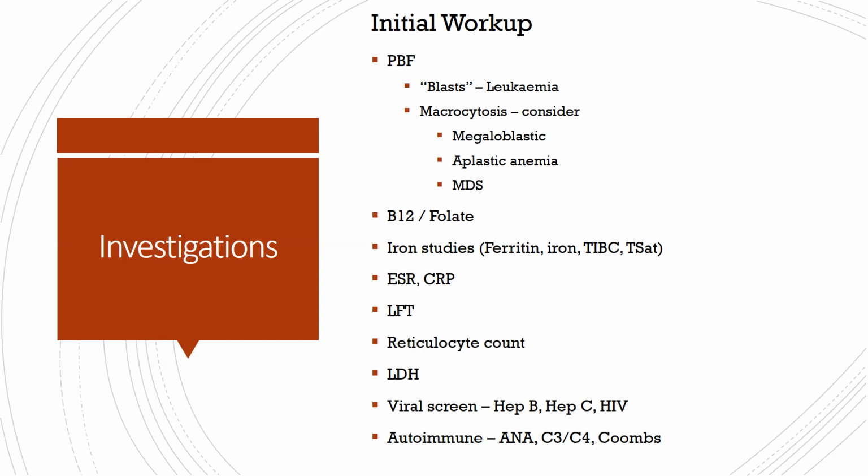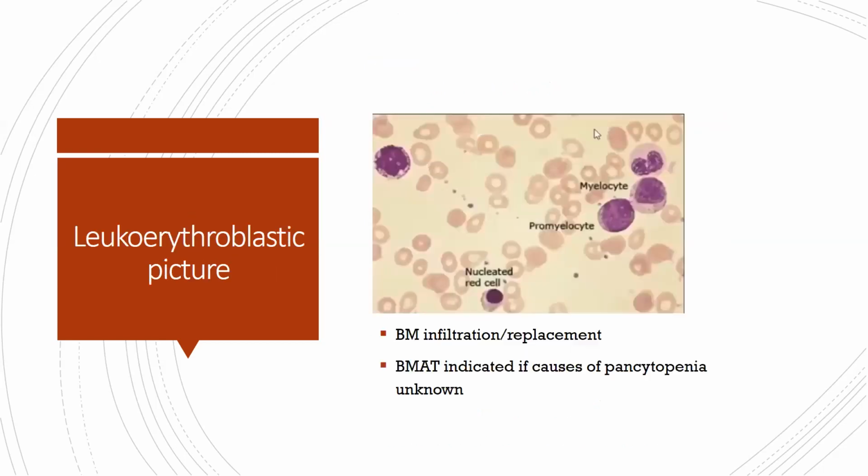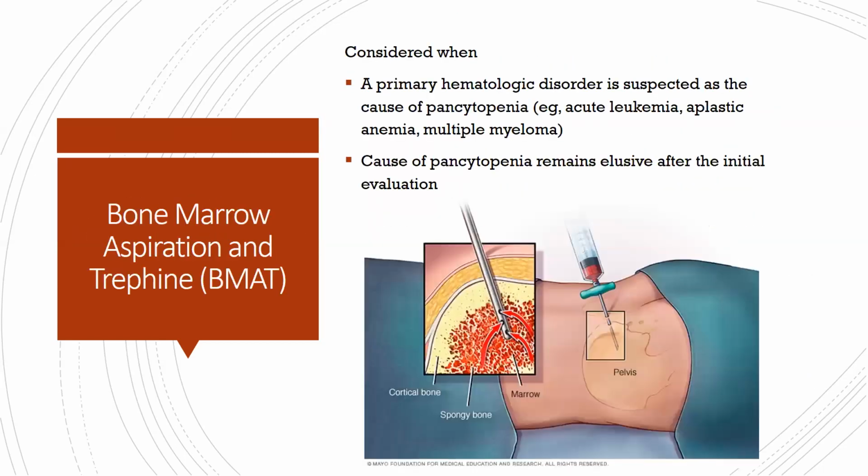Of course, we don't simply do BMAT; only if we suspect hematological malignancy, or an infiltrating malignant disorder like lymphoma, and you can't really biopsy the lymph nodes because they are very small, and you think this is due to lymphoma.